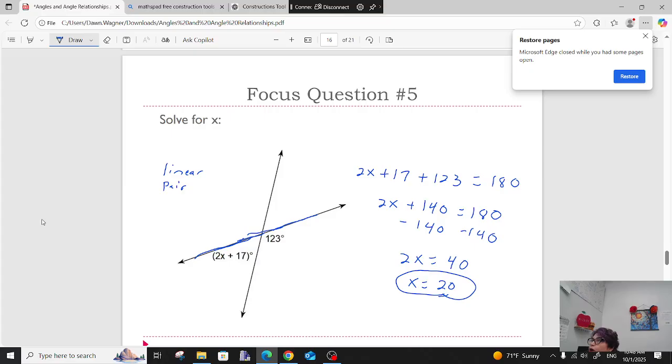Well, you could, but it wouldn't give you what they asked for, which is x. Now, what I would have done, though, Miranda, is if I wanted to check my answer, I could substitute 20 in, do the work, and it should equal what you got if you subtracted it from 180, right? Does that make sense? Okay.